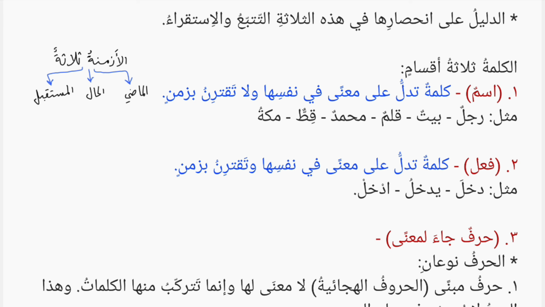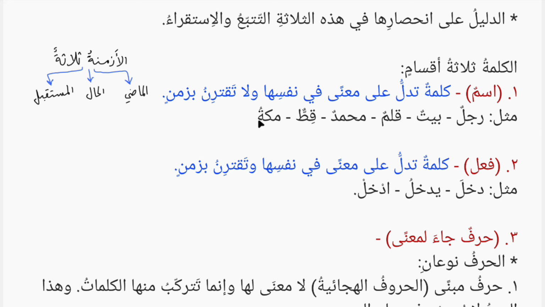Yes, a man, a human being, male in gender. بيت, a house. قلم, a pen. Muḥammadun, a man who's named Muḥammad. قط is an animal, cat. Makkah is a place, the most noble of places on earth. So all of these words are nouns because they indicate a meaning.